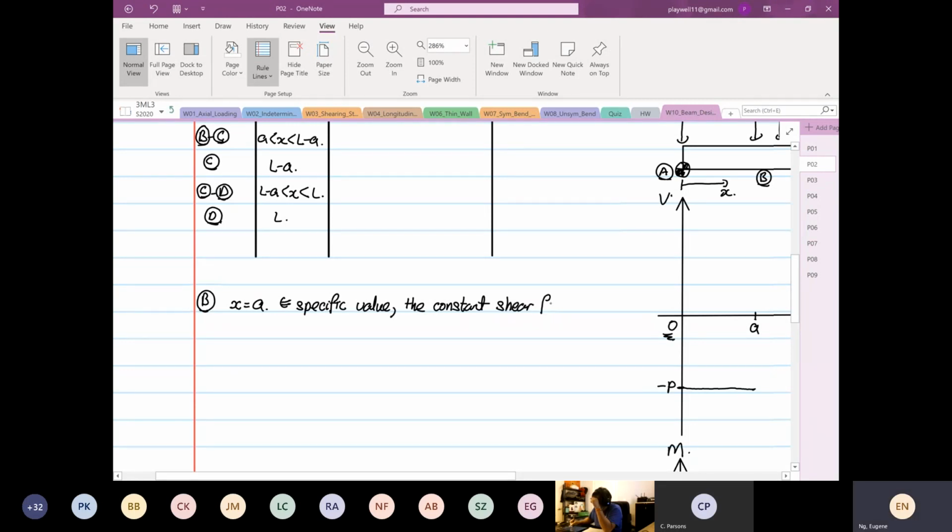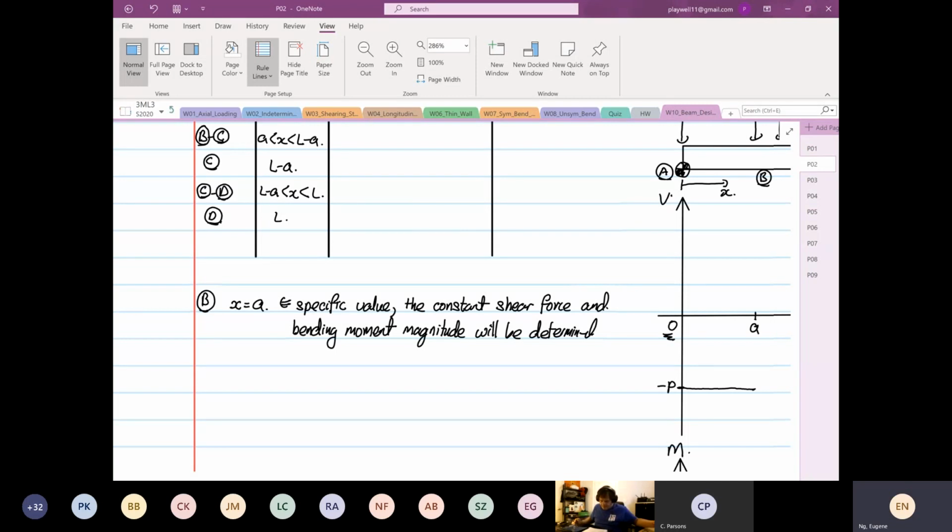Shear force and bending moment magnitude will be determined. Okay, so when you get this number, it should not be a function of x. I repeat again, when you get this number, it should not be a function of what? A function of x at all.